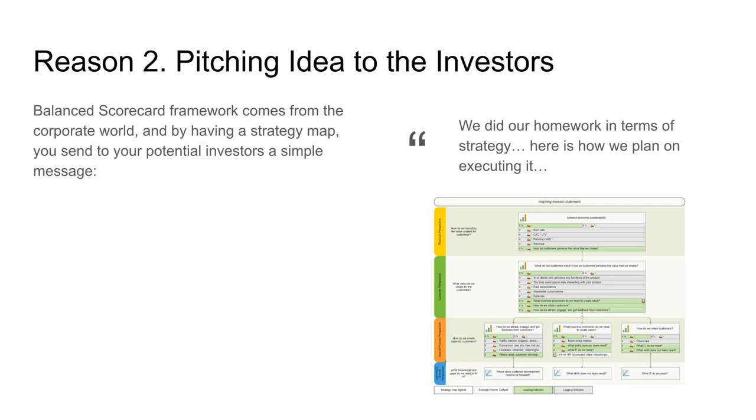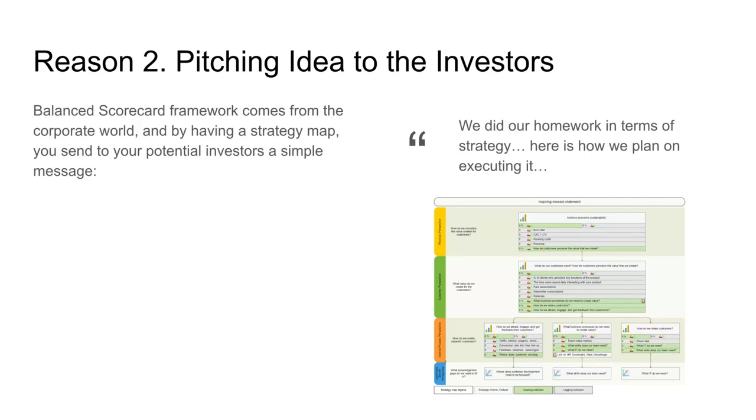I think it's about 60-70% of Fortune 100, Fortune 1000 companies that use it. So that's a tool that big names use, and when you create a strategy map, not necessarily in our software, of course, but you can do it in any tool designed for this.